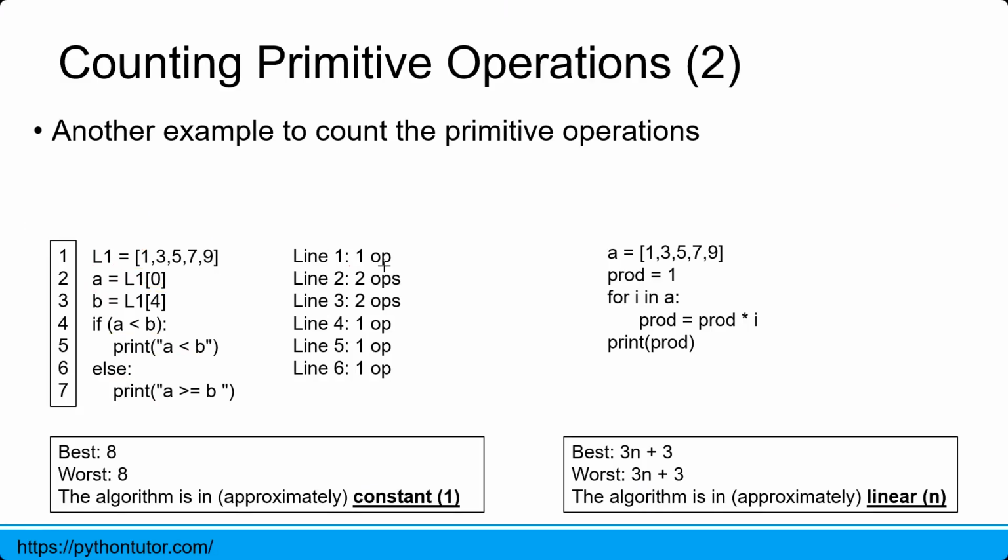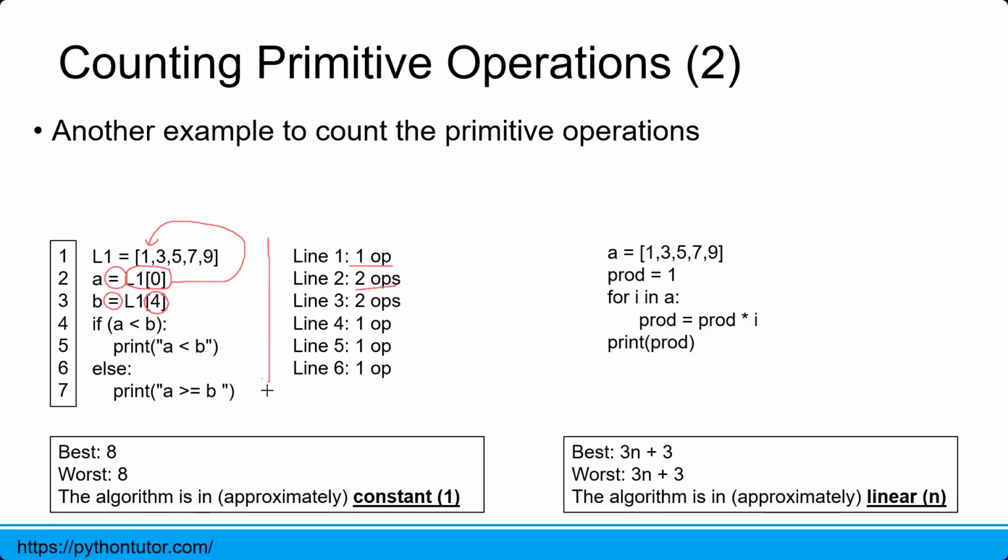Because this is one operation, this is 2 operations, because we have one assignment, and the other one is we want to check the data at index 0. So there are two operations. This is also the same. We have one operation and we have another operation. So there are two operations.